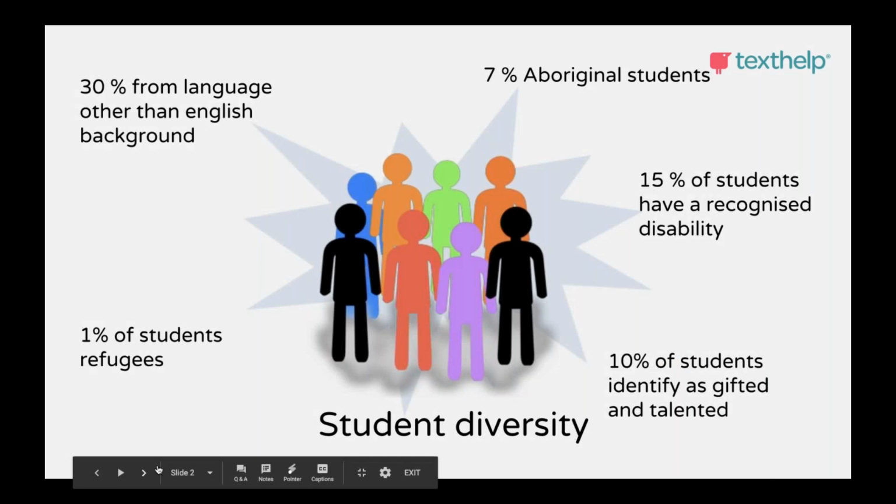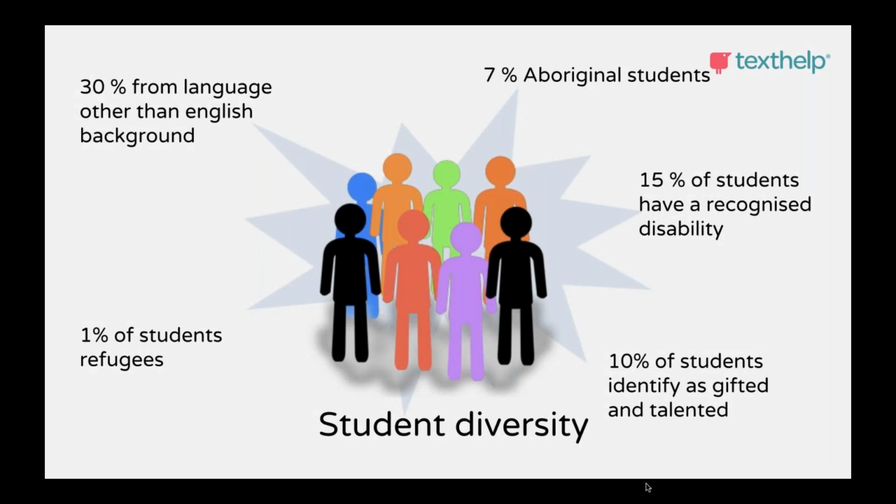So one of the things for us in New South Wales, and I'm sure it's the same for many schools across Australia, is that we have such student diversity, and a large number of students with English as their second language.